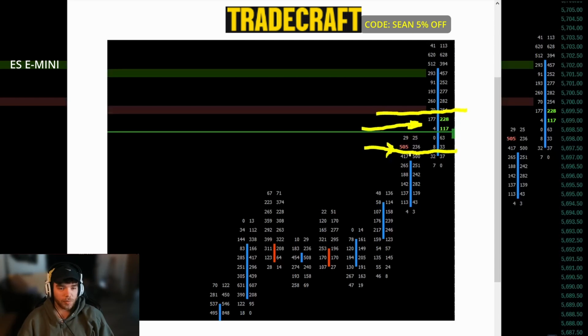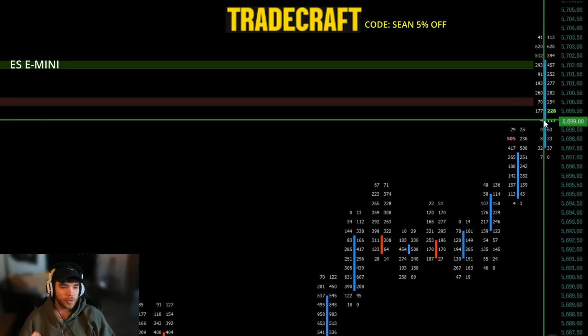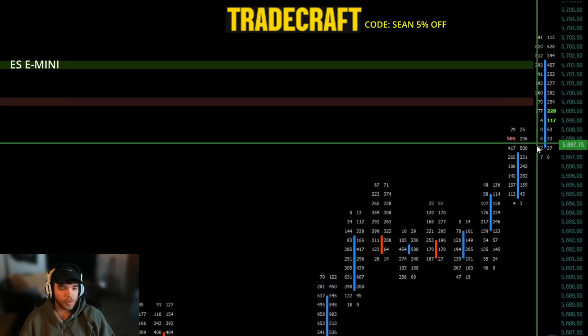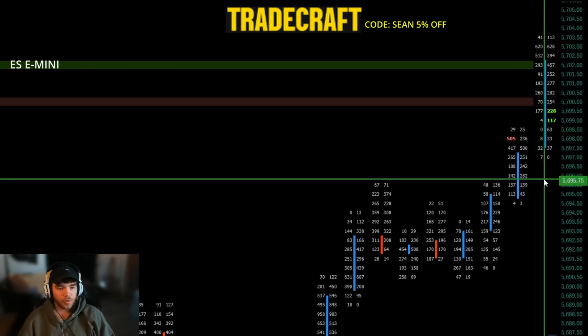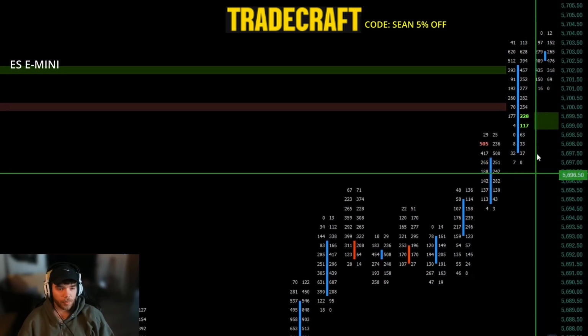So when price comes down here, these 505 traders are going to be scrambling to get out of their positions. And when they're getting out of their positions, they're generating more long side volume. So that is why I would love to take a trade here at these 99s and have, potentially, a 2.5 to 3 point stop.